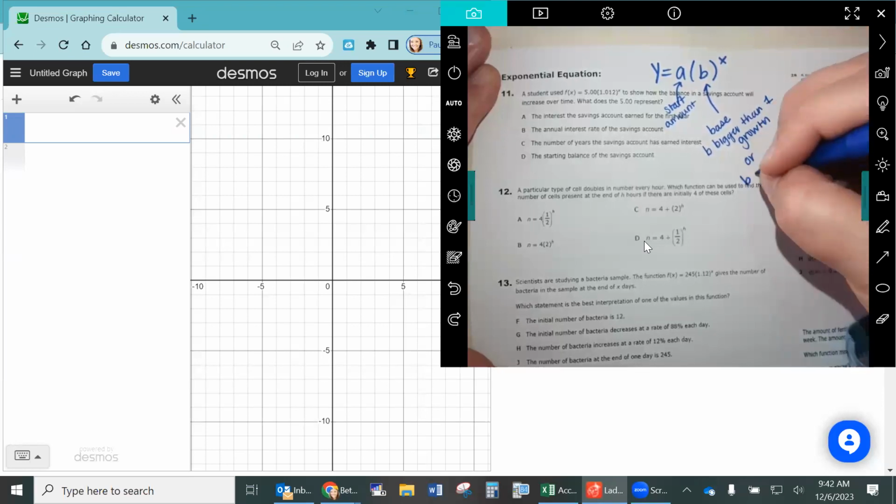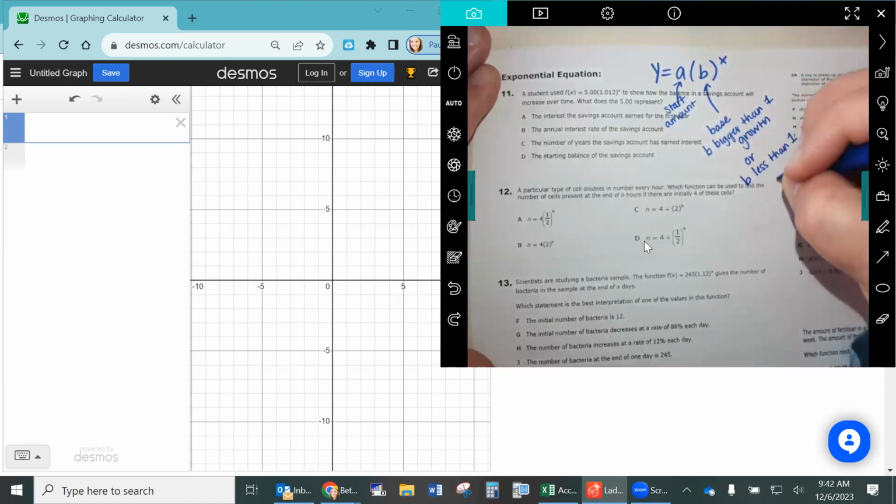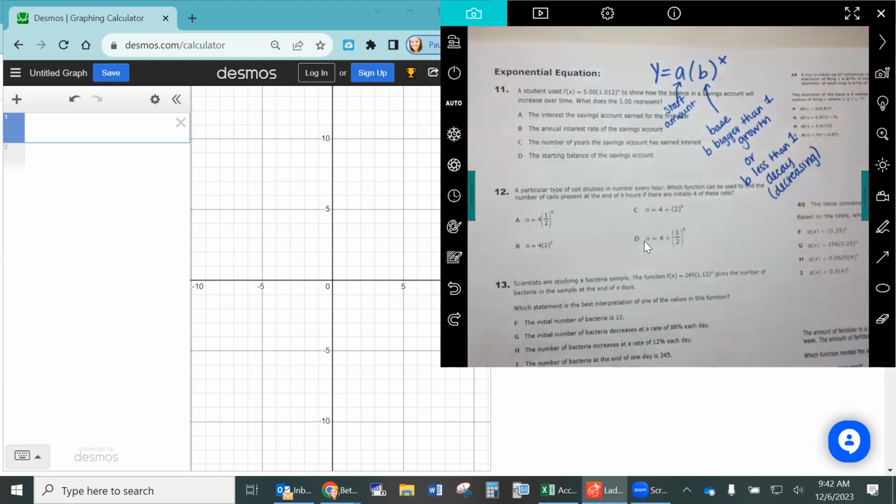And if your B is less than 1, it is decay. Or we'll say maybe decreasing as a less confusing word. Okay, so growth if that base is bigger than 1, decay if that number is less than 1.